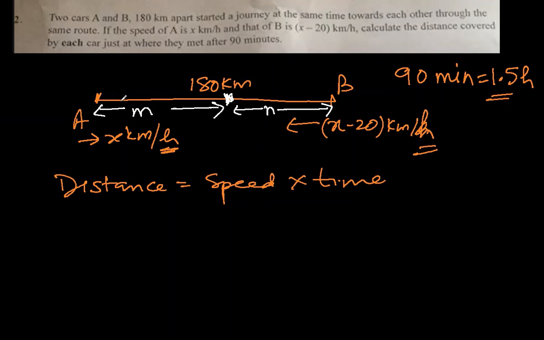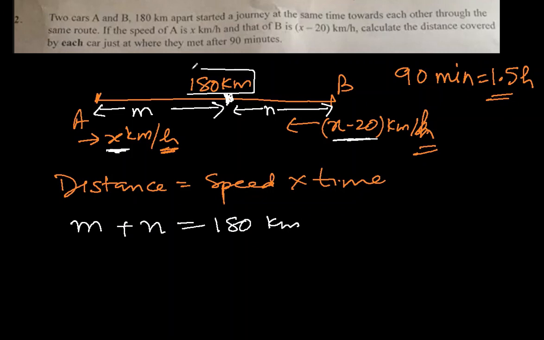I gave more distance to A because it is faster. This one is 20 kilometers slower, so I gave more distance to M. So we can say that M plus N is 180 kilometers, isn't it? We can see here total is 180 and we have divided into two parts, M and N.